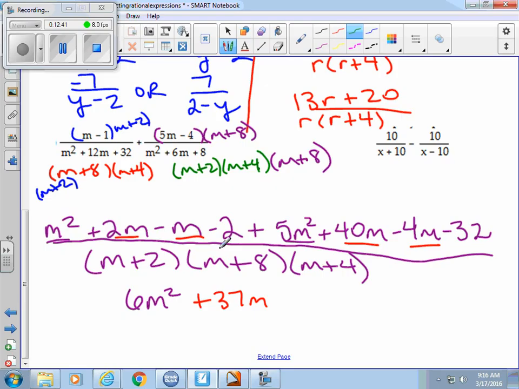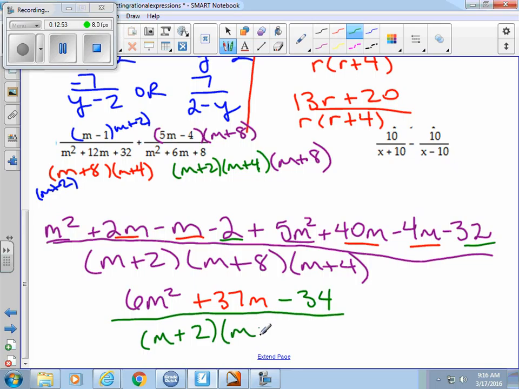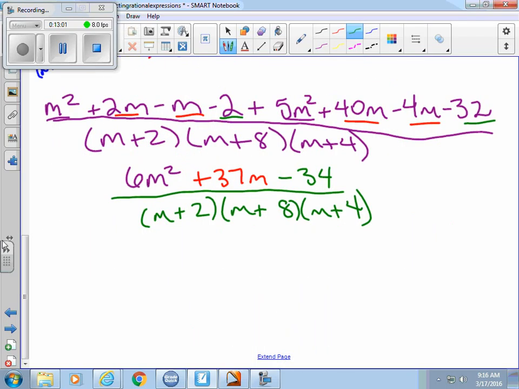And then the constants, the negative 2 and the negative 32 make negative 34. You could check the quadratic and see if that factored if you wanted to. I don't believe that it does, but I could be wrong. Any questions about that one?